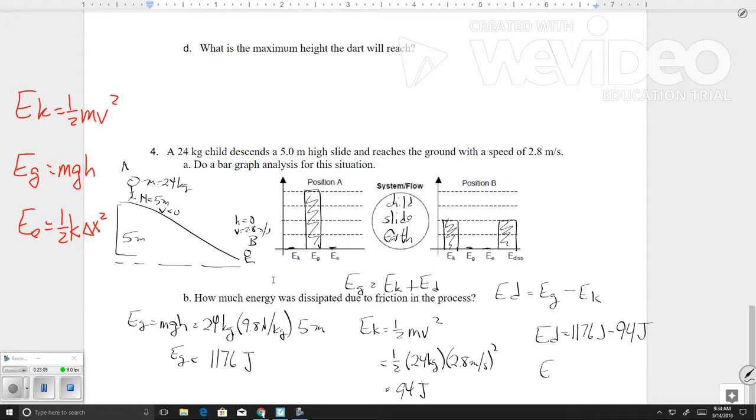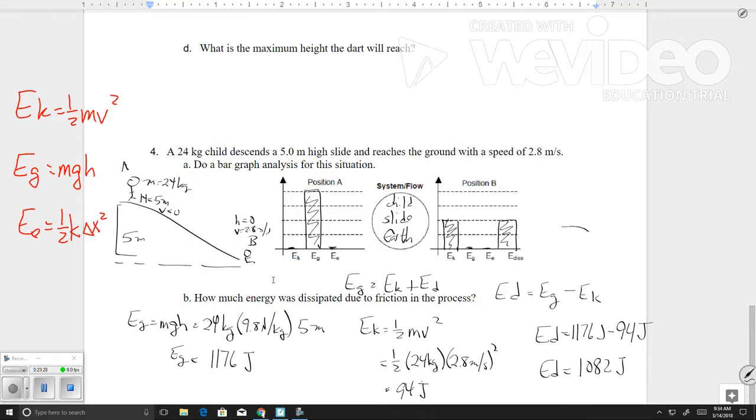Dissipated energy then equals the difference between those two, which is 1082 joules. So you see that that's almost 10 times as big as this.